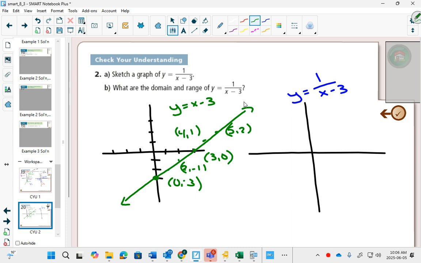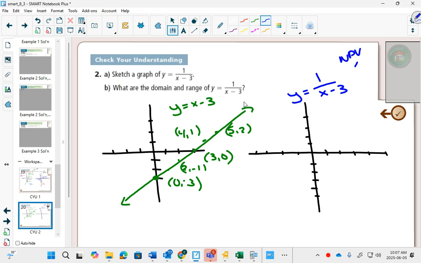Now, to graph our reciprocal, I'm going to start with the asymptotes. Wherever we have a y value of 0 in the original one, can you see that that 3 becomes a non-permissible value in the blue one, right?